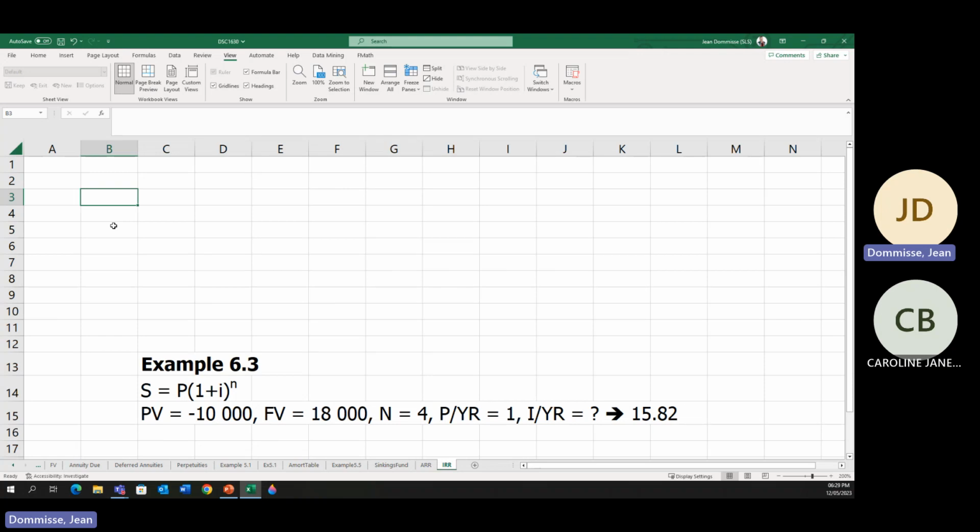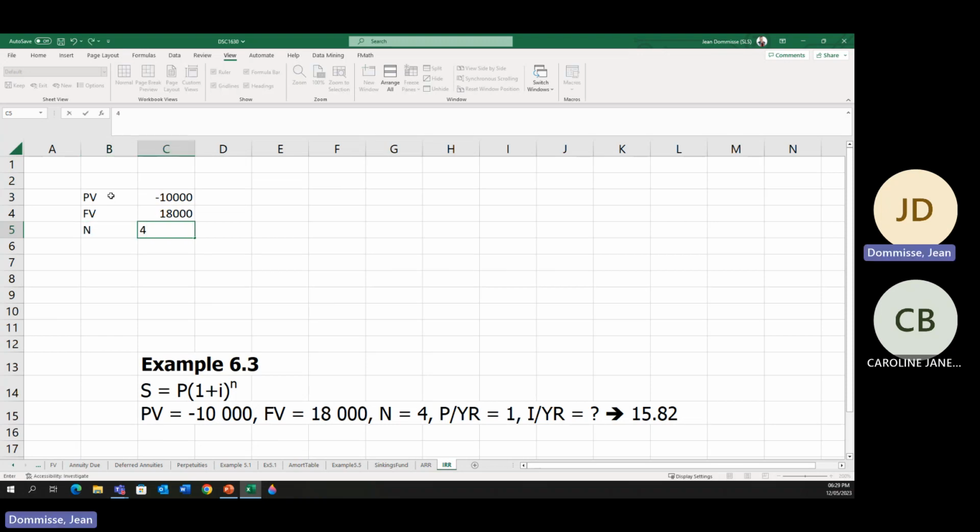So Trevor invests 10,000 Rand, so we know that the 10,000 that he invests is the present value, to yield a single cash flow of 18,000 at the end of 4 years.